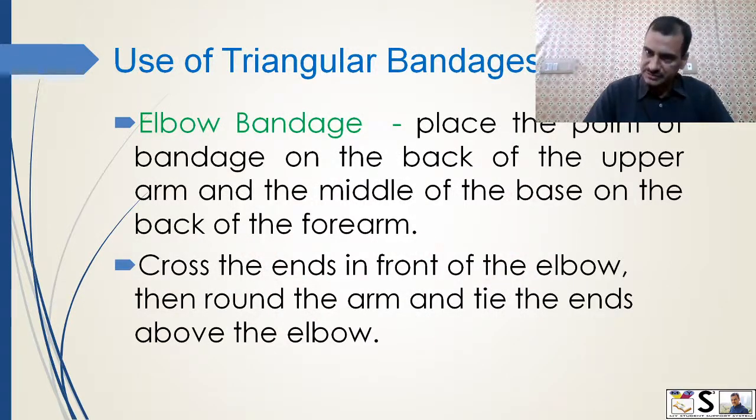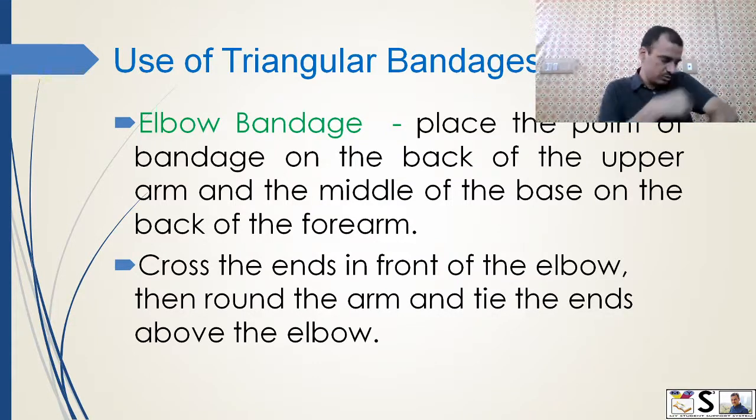Now elbow bandage. For elbow bandage, place the point of the bandage on the back of the upper arm here, the middle of the base on the back of the forearm here. So point towards this side and base towards this side. Cross the ends in front of the elbow here.